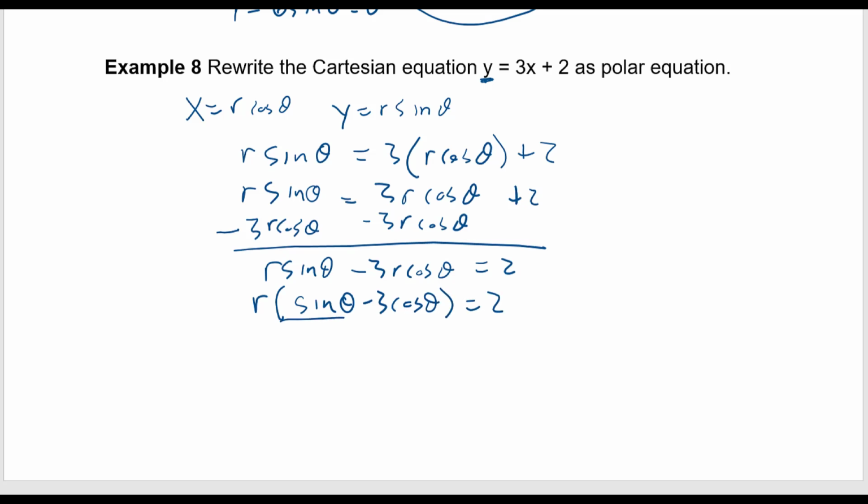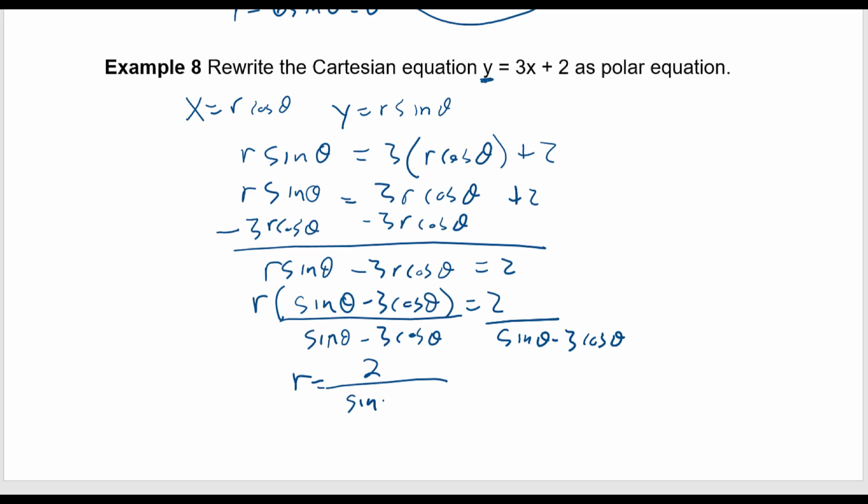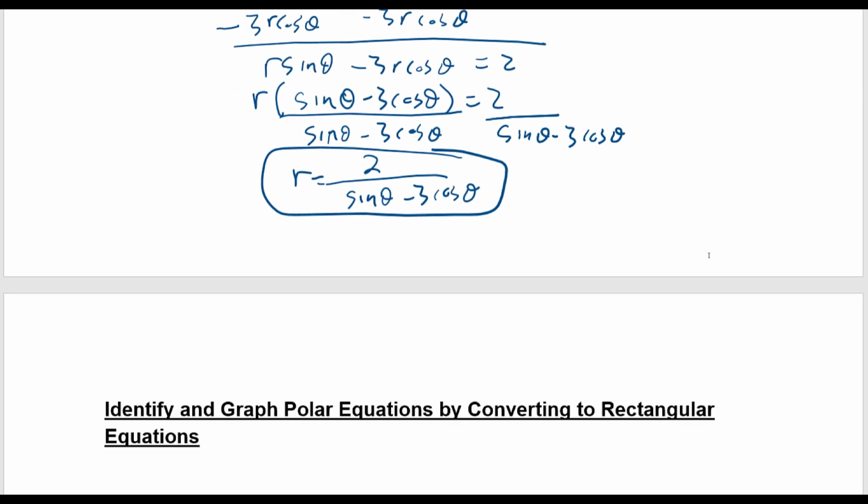And solving for r, I'll divide both sides by sine theta minus 3 cosine theta, and r equals 2 divided by (sine theta minus 3 cosine theta). That's how that would go. Wasn't that fun? Yes, it was.